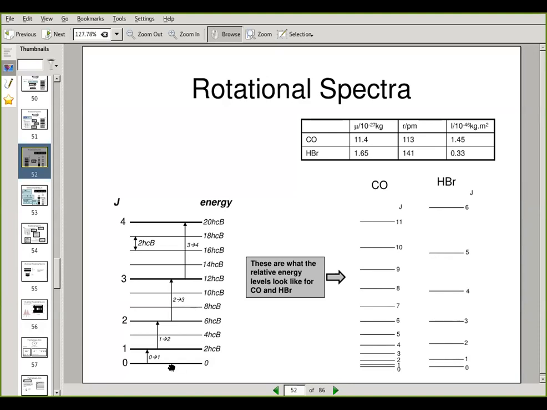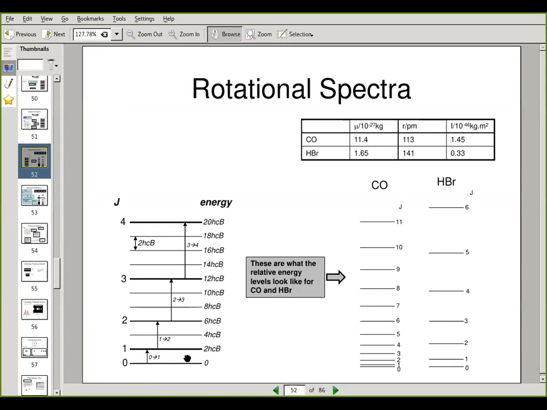Before I continue, I just want you to remember that when you work with rotational spectra, the distances between the levels go 0 to 6, 12, 20 HCB, and that works nicely because when you have the jump, and that jump is 2 and that jump is 4, the difference is 2 HCB, or it's 2B in wave numbers.